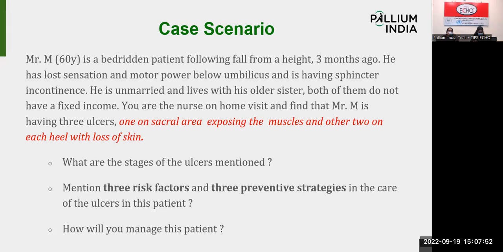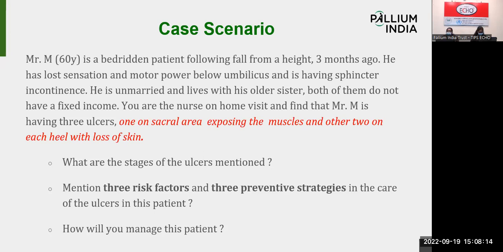Once we remove the black necrotic tissue from the unstageable wound, only then can we find out the stage. Okay, so the sacral area pressure ulcer is stage 4, and the other on each heel with loss of skin is stage 2.